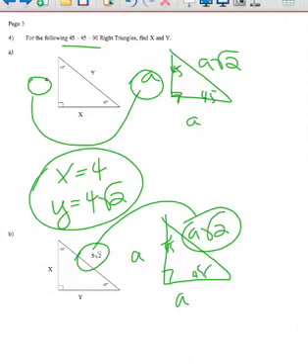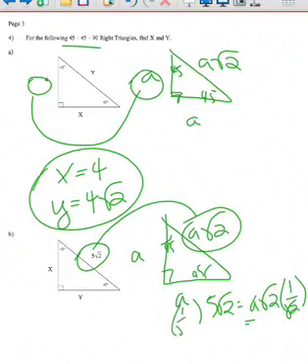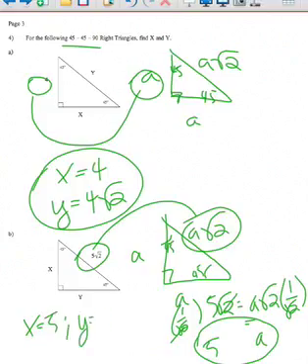You can do this mathematically: 5 rad 2 equals A rad 2, and in order to isolate the variable A, we get rid of what's happening to it, being multiplied by rad 2, so we multiply by its reciprocal, which is 1 over rad 2. Notice the rad 2 in the denominator cancels with the rad 2 in the numerator, and we're left with 5 equals A. So, since our legs are identical, X equals 5 and Y equals 5.